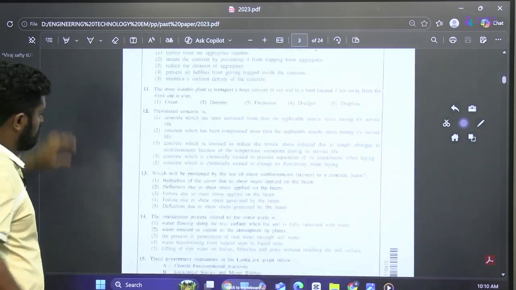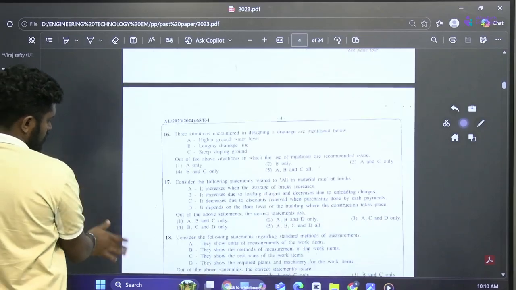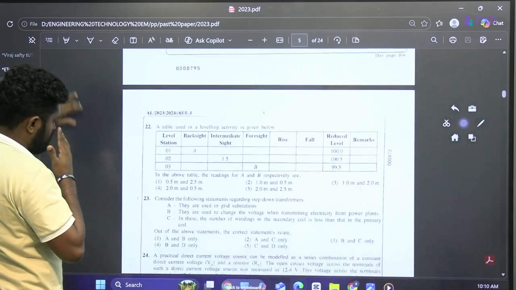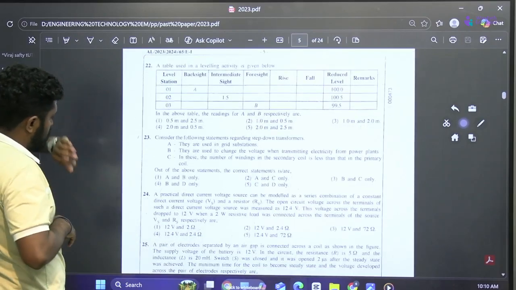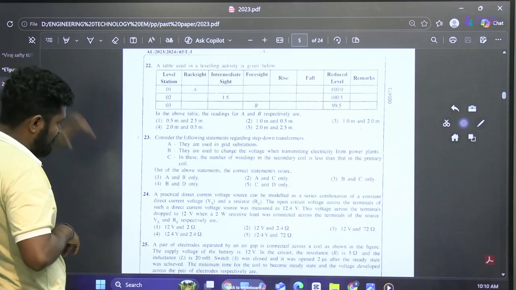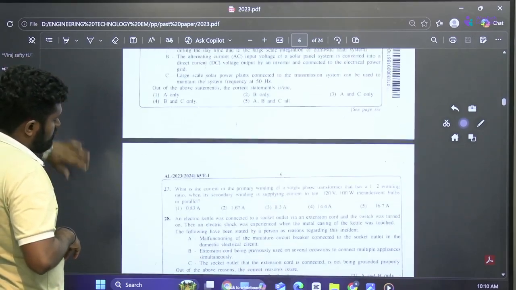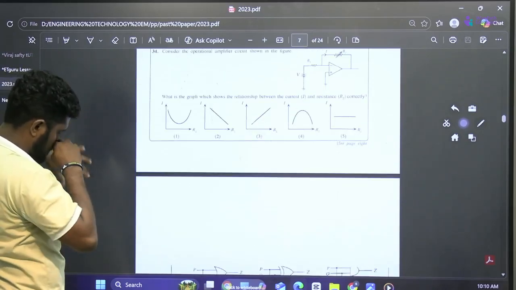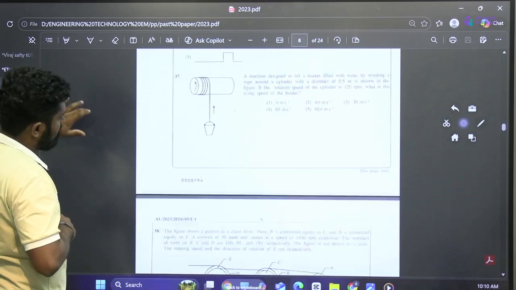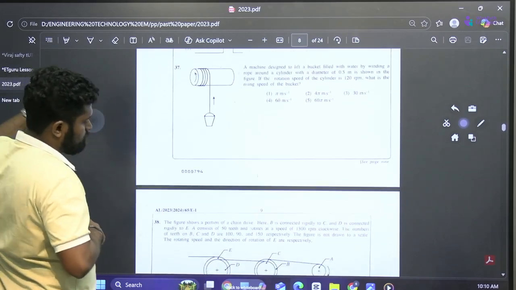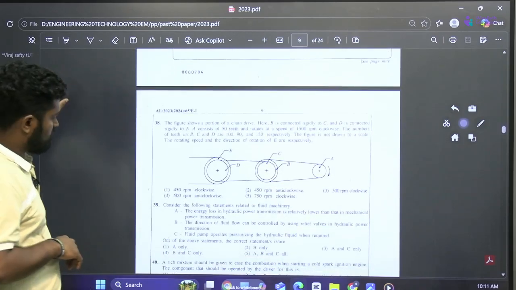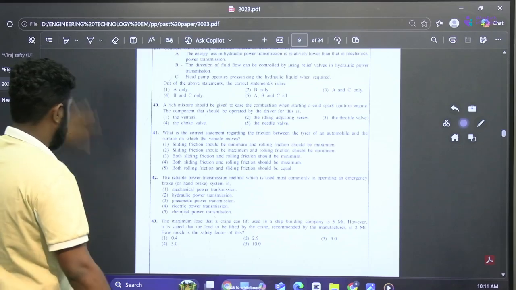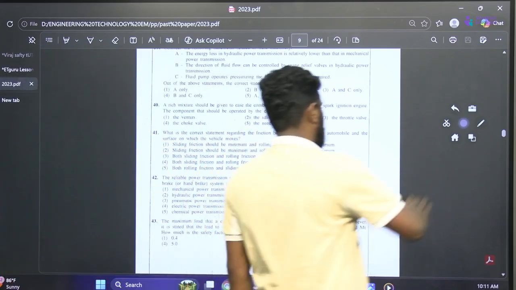These are the civil questions. From 22 on, 23 electrical and electronic. Then the last 14 questions are from mechanical. Clear? The last questions are mechanical. Okay, that's about the MCQ paper.